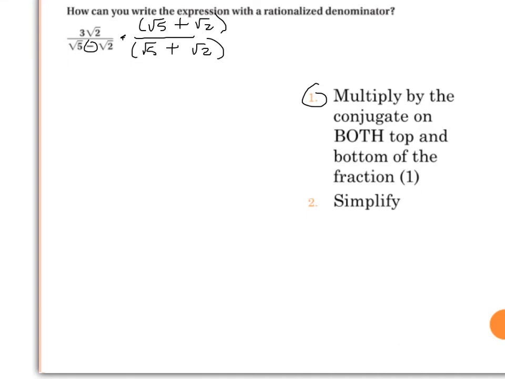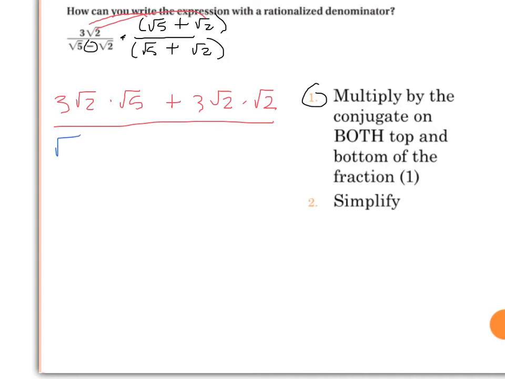So here, I want to distribute both on top and bottom. There's only one term on top, so I have to distribute that to both terms. So it's going to be 3 square root 2 times square root 5 plus 3 square root 2 times square root 2, over. I have to multiply the bottom, so again, that's FOILing.